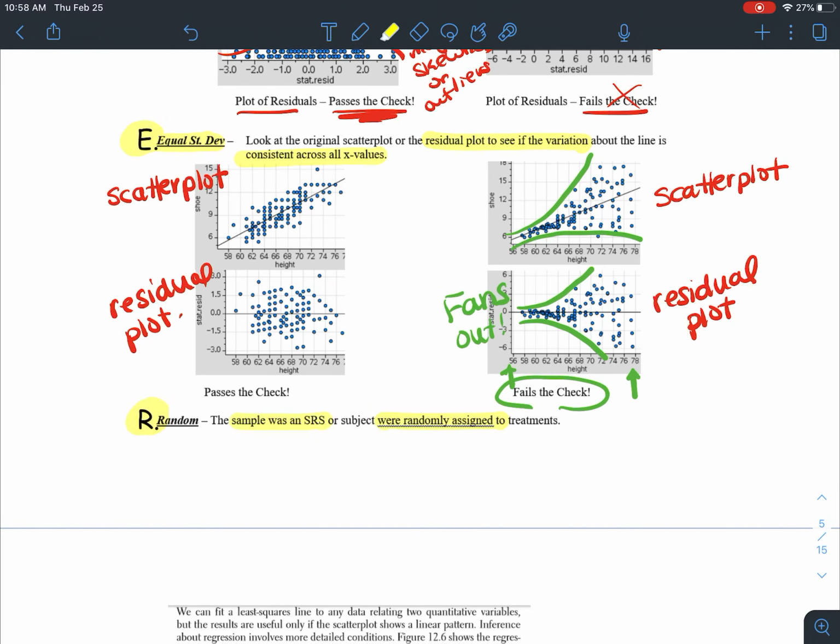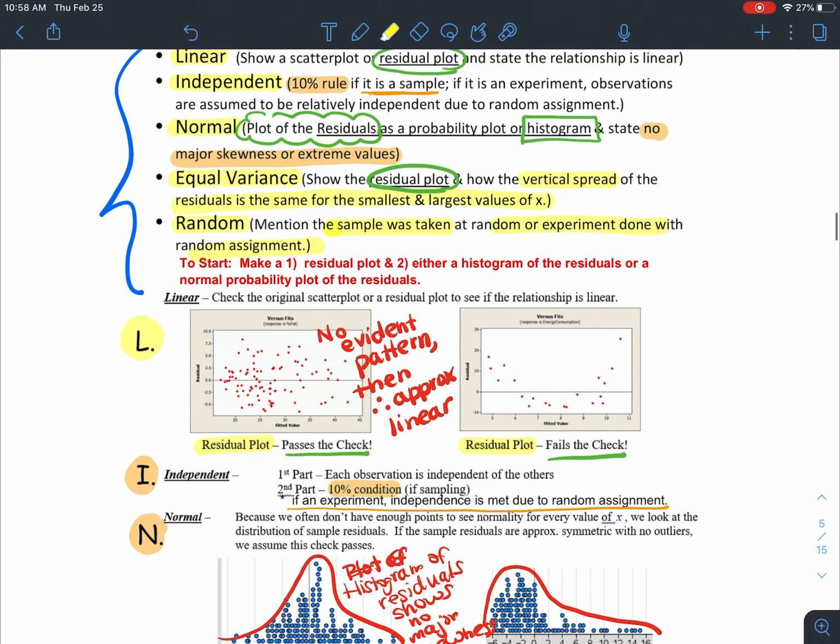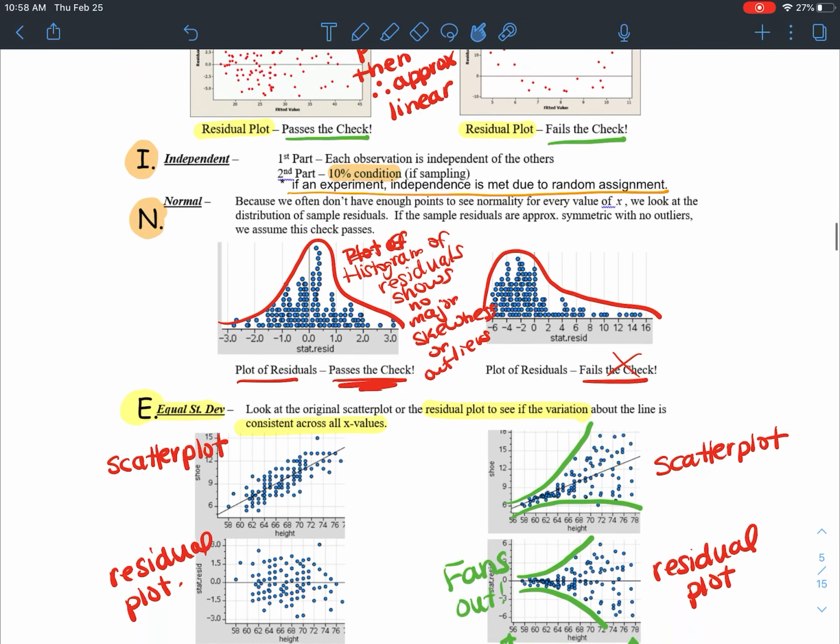Randomly assigned or a simple random sample was taken. So how you're going to start these problems is you're always going to start by making a residual plot with your data, and then you would also want to make a histogram of the residuals, or a normal probability plot of the residuals, all of which we will review together.